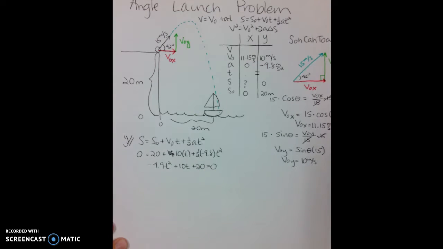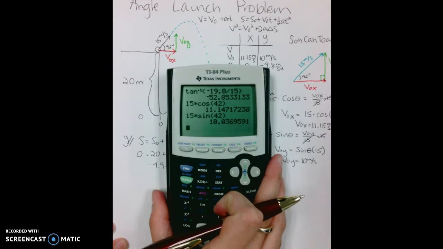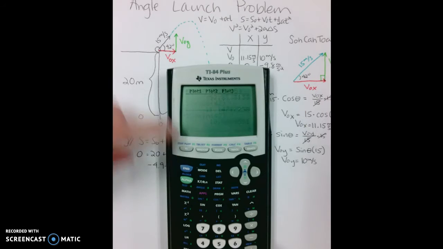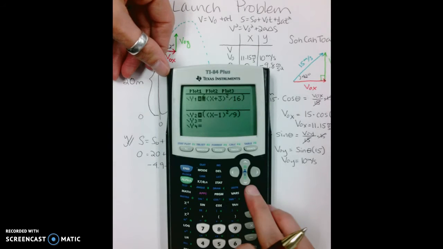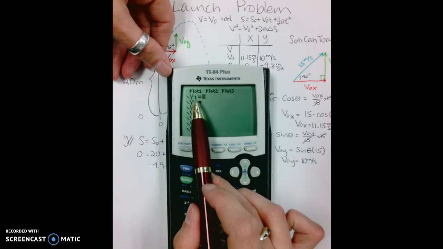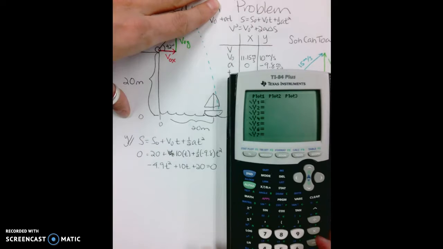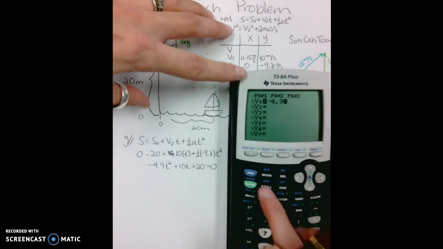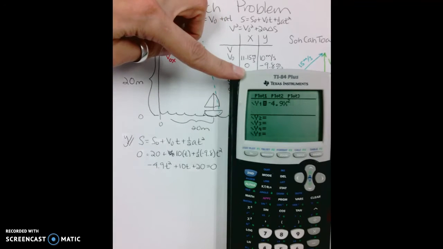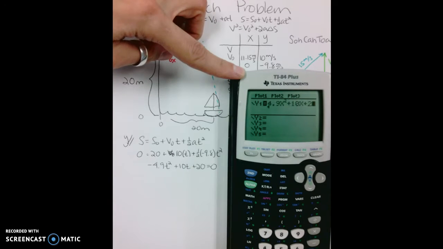Okay. And now I'm going to come over here to my graphing calculator, and I'm going to go to y equals, and in y equals 1 here, I'm going to enter the equation: negative 4.9 x squared plus 10x plus 20, and then I'm going to graph it.